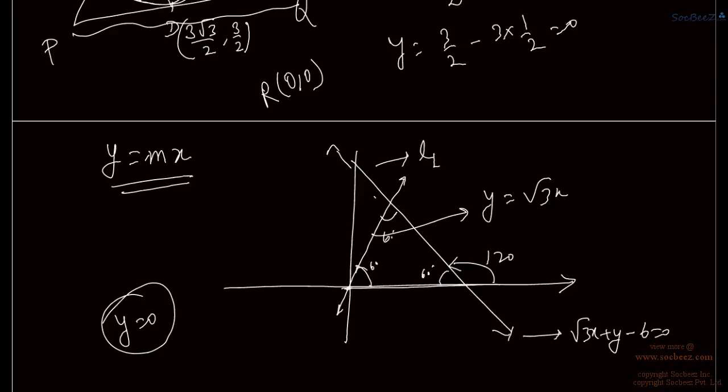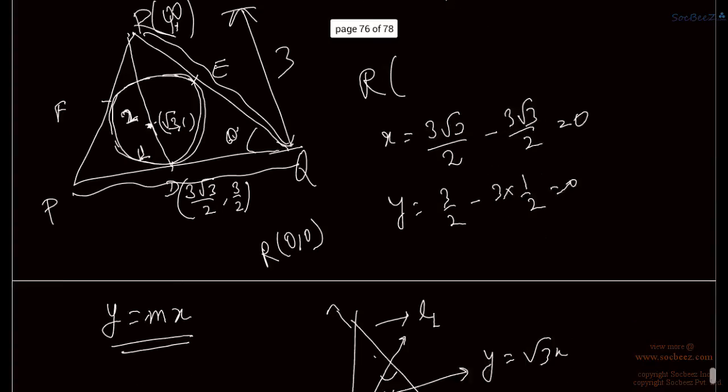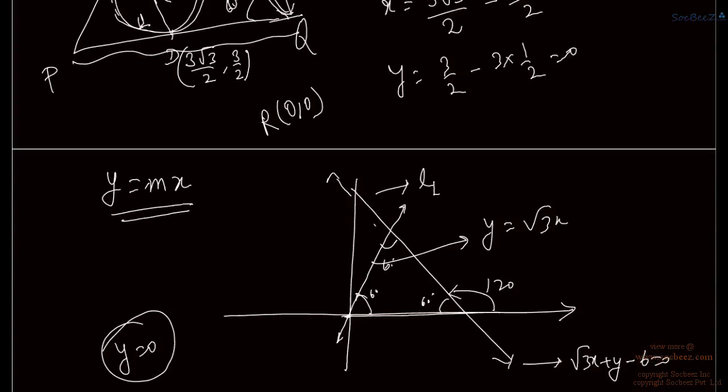So we have the equations of PR and QR. Let us say this is the equation of PR, and we have the equation of QR as y is equal to root 3x. The coordinates of points P and Q we can find by solving the two equations.